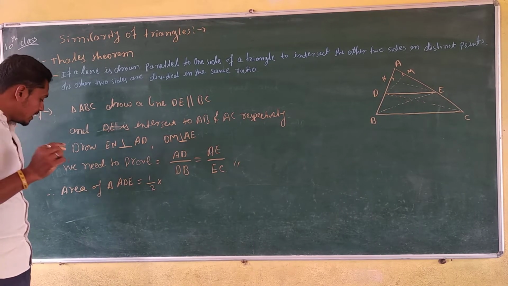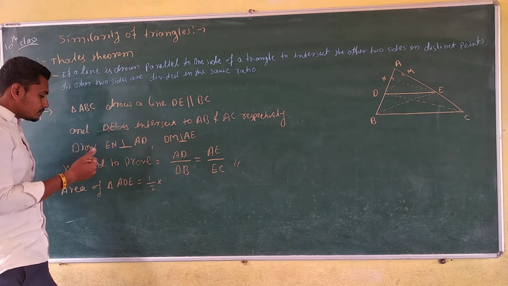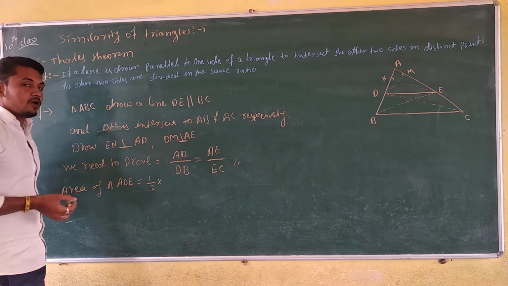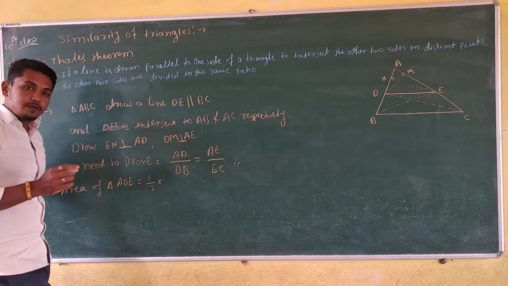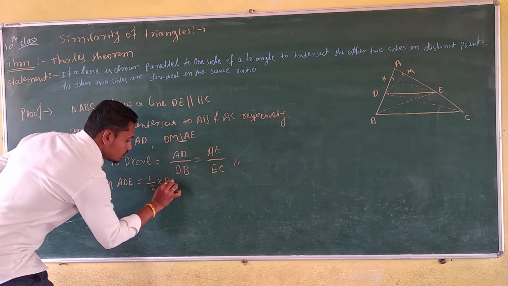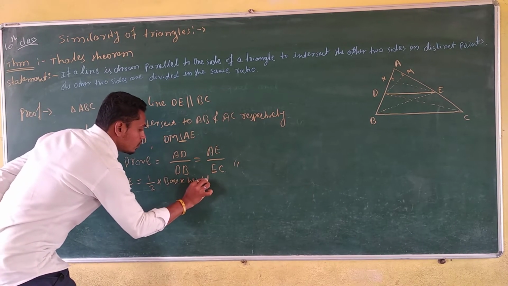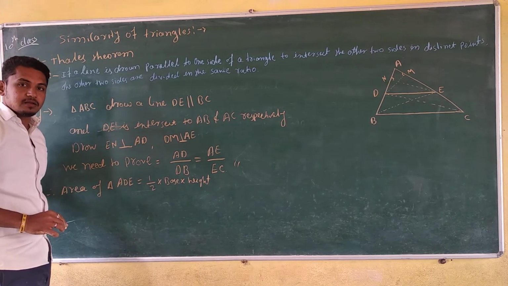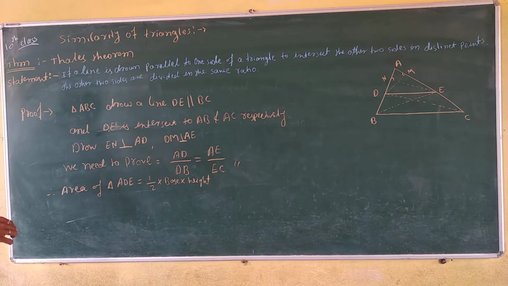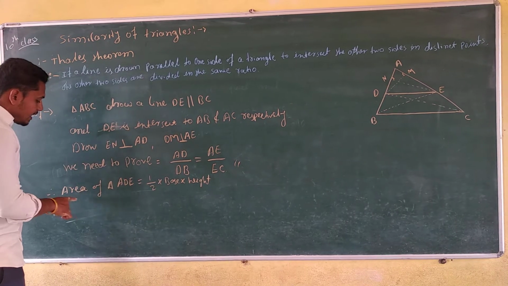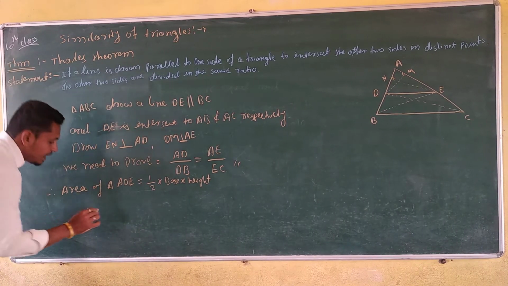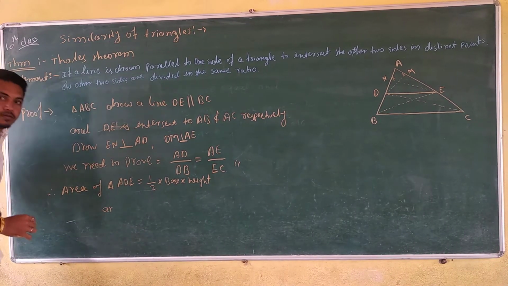So tell me, what is the formula for area of triangle? So 1 divided by 2 into base into height. Is it right? Therefore the area of triangle is denoted by AR.